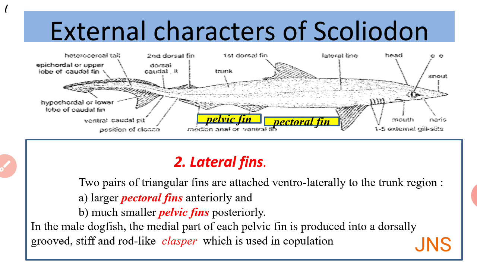The much smaller pair is the pelvic fins, found towards the posterior side of the body. In the male dogfish, the middle part of each pelvic fin is produced into a dorsally grooved, stiff and rod-like clasper, which is used in copulation at the time of mating. So between the pelvic fins in the male dogfish there are the claspers.